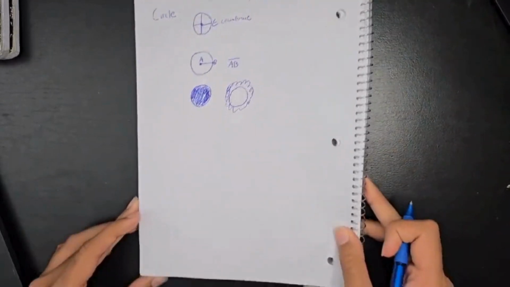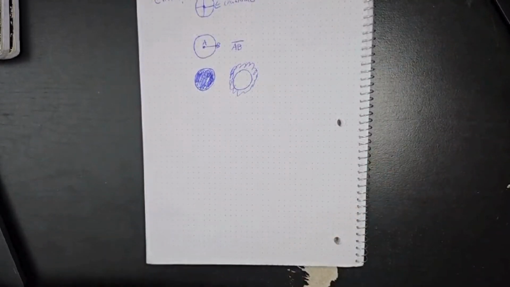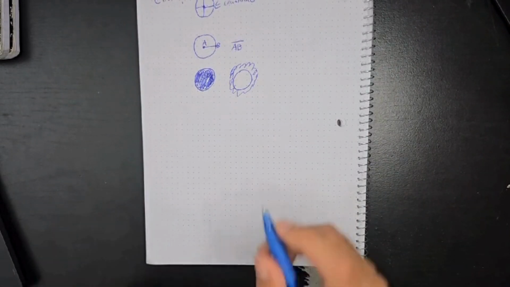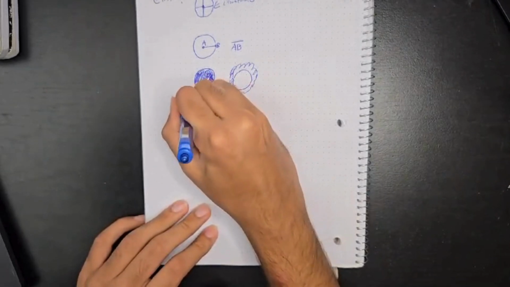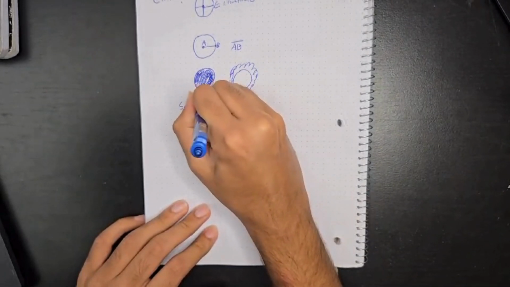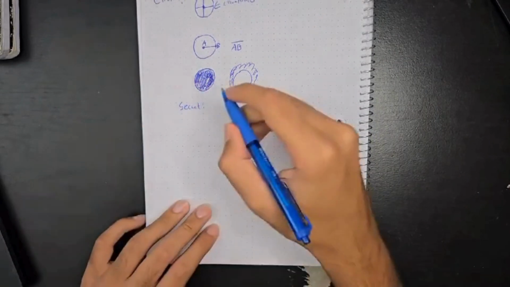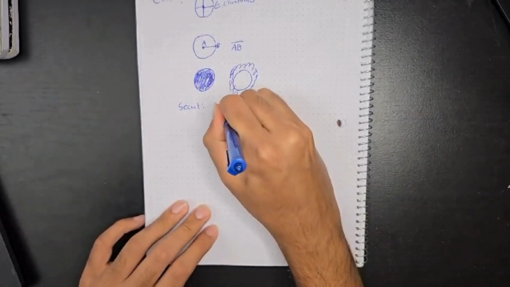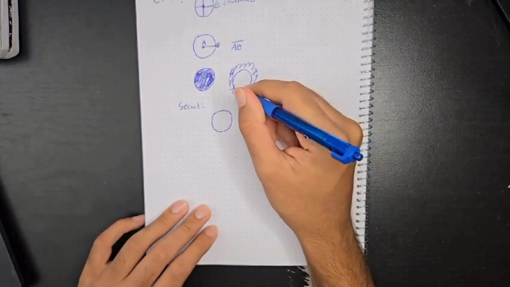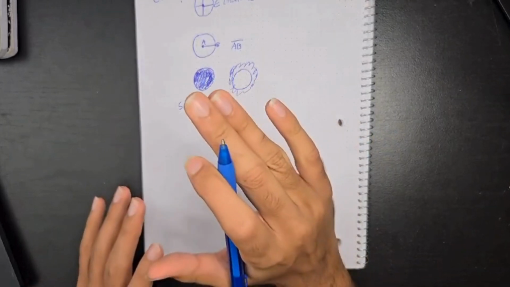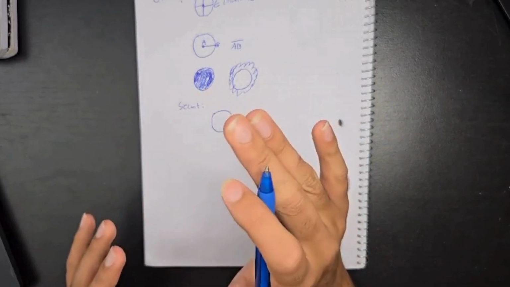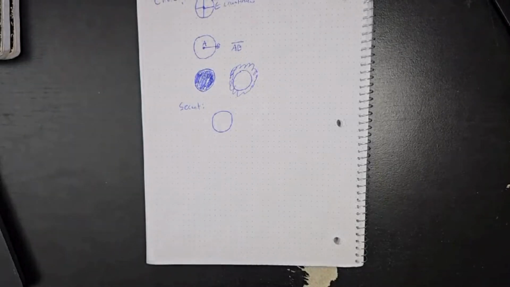Now let's talk about some lines. The first one is going to be secant. Now what is a secant? If you draw a circle, a secant is where it cuts a curve into two or more parts.